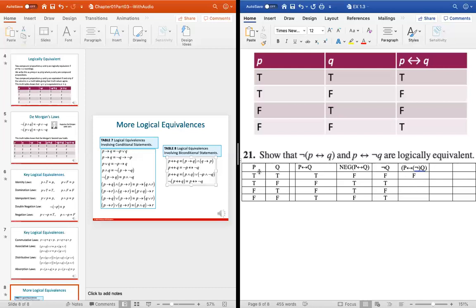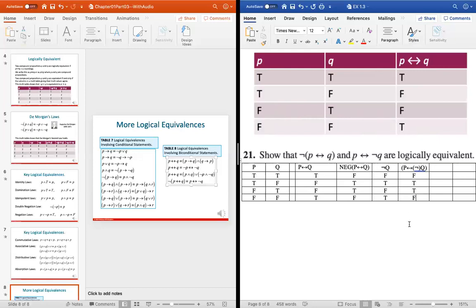Then we have true and true, which is true. Now we have false and false, which is true. Then we have false and true, which is false.